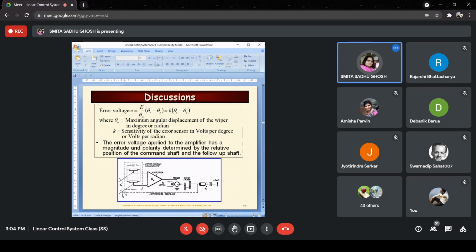Now the difference between theta r and theta c is going to generate E, with proper polarity, meaning that if theta r is greater than theta c, this side will be positive, this side will be negative. If theta c has exceeded theta r for some reason, then we will have the positive polarity on this side and negative on that side. So with proper polarity, we will be getting the error voltage at the output that is proportional to the difference.